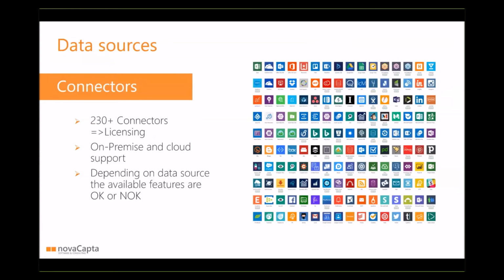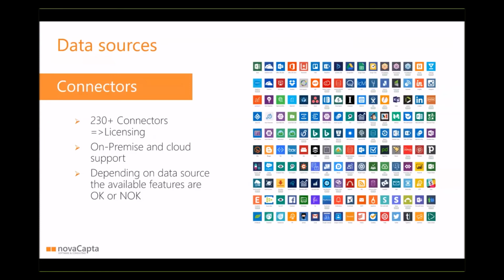You do have on-premise support for SQL Server, for Dynamics and SharePoint, and there you just install a gateway on your SQL Server, for example, and that's it. You don't need to configure that on your server. You can configure that on the web service.